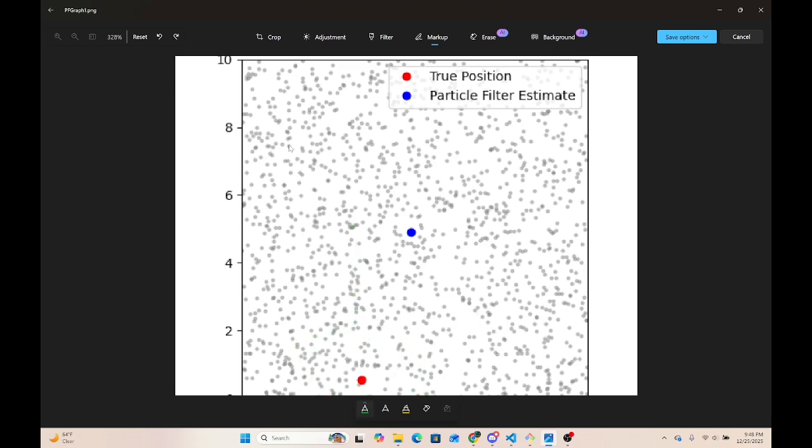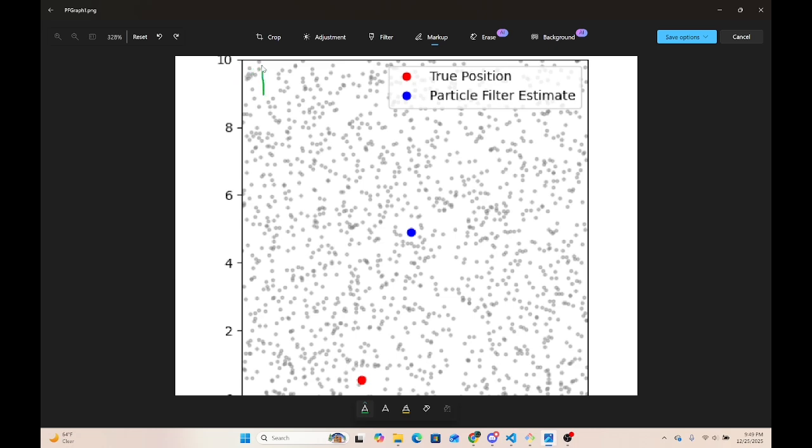How we do that is we go through each particle, all 1,500 of them in my example. We ask each particle, if my agent was truly at the position you are describing, then what is the probability that my agent is actually at that position? We go to this particle, how likely is it that we are here?